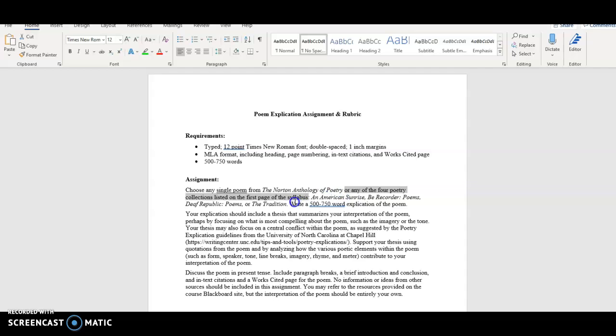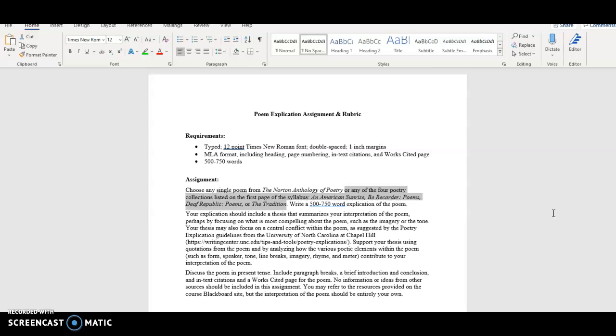Or you may choose to analyze any poem that is a part of one of those 4 poetry collections by 4 individual authors that are listed on the first page of the syllabus. You're not required to have acquired one of those collections yet, but you will need to choose one of those 4 collections by week 8 of the semester to write your final essay on.